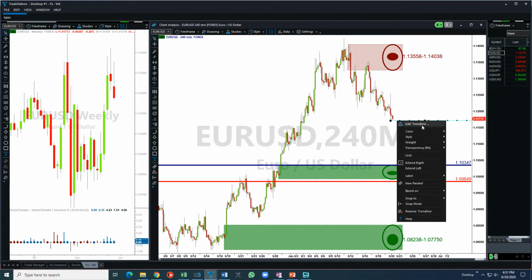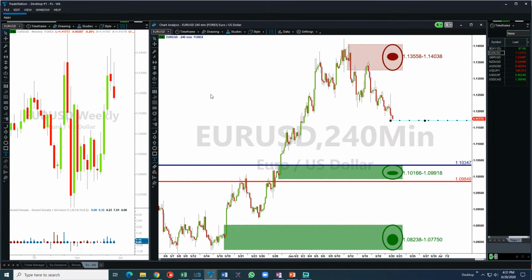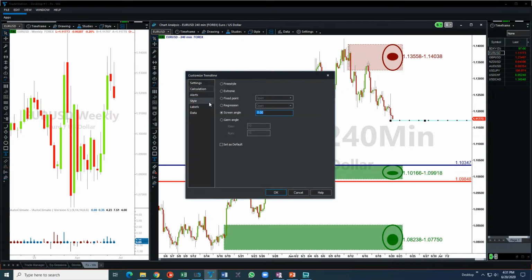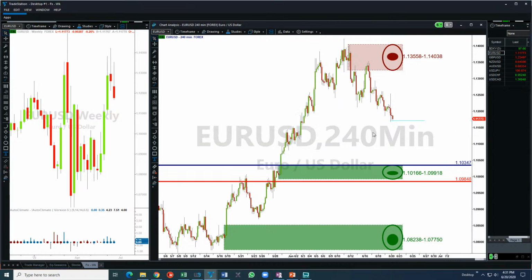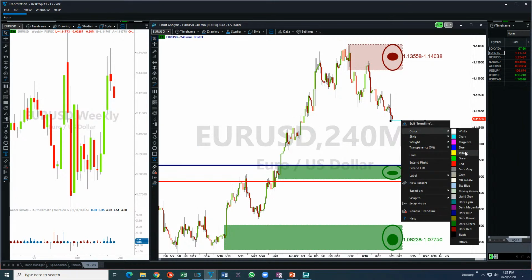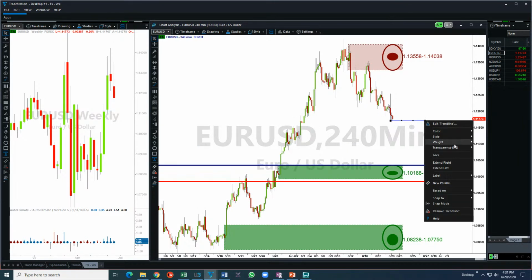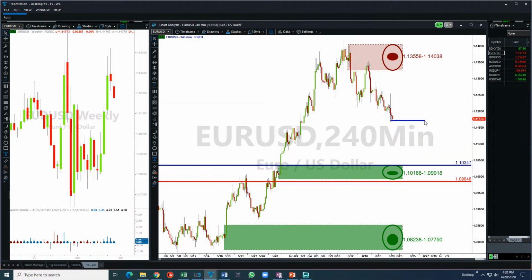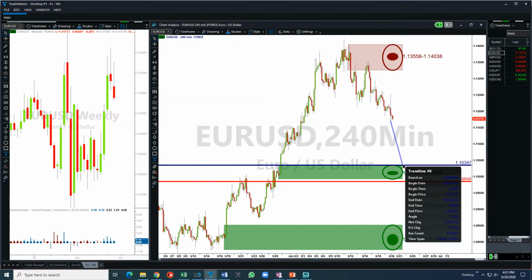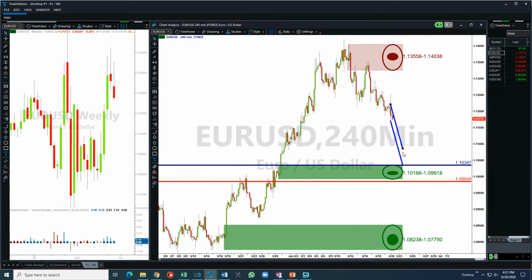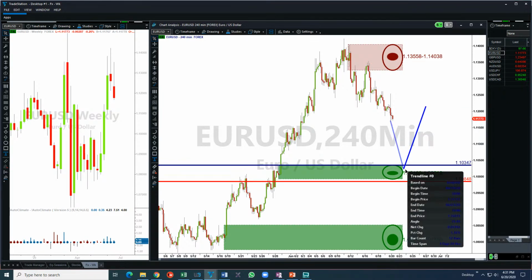Give me a second while I adjust this. I'm hoping everybody can see it. So what's our plan? Our plan is something like this, right? It comes down and hopefully touches the UFO and then reverses, right? So that's our plan.